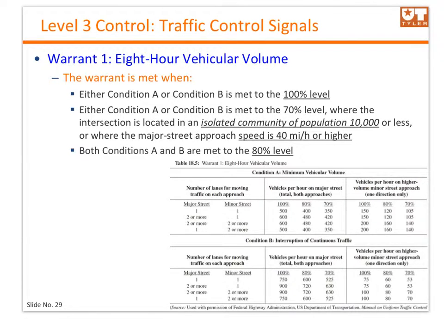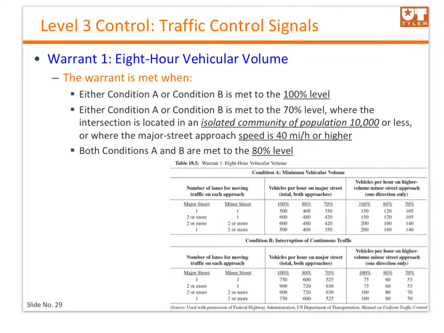So for example, let's say I have 2 lanes or more on the major street and one lane on the minor street. We need to know the number of vehicles on both. Let's say the major street has 500 vehicles and the minor street has 150 vehicles. So we go to 2 or more and 1, which is the second case.